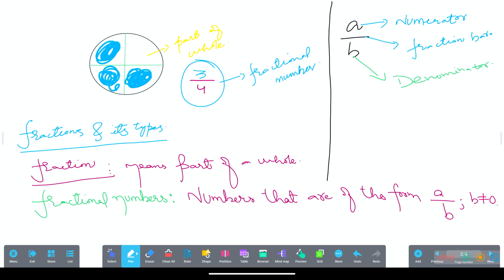So if you want to write the definition in another form, you can write: numbers that are of the form numerator by denominator.